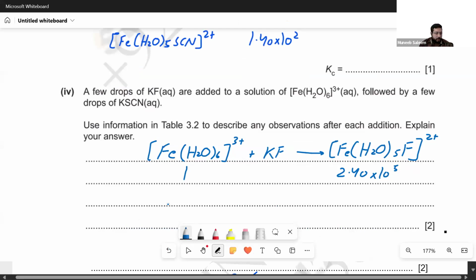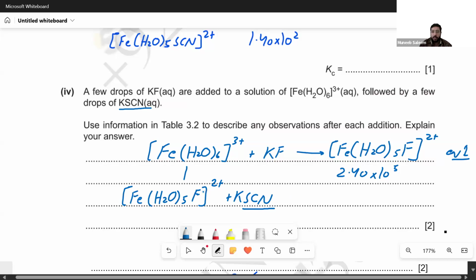Now after that, they are saying that if we add a few drops of KSCN, it means that we are going to add KSCN into this complex, which is the product of the first equation. I can write it as equation 1. Now for equation 2, I will use the same complex as a reactant, which was previously the product of the first equation. Now if we add the KSCN ligand into it, then it will lead to the formation of this ligand and it will replace fluoride.